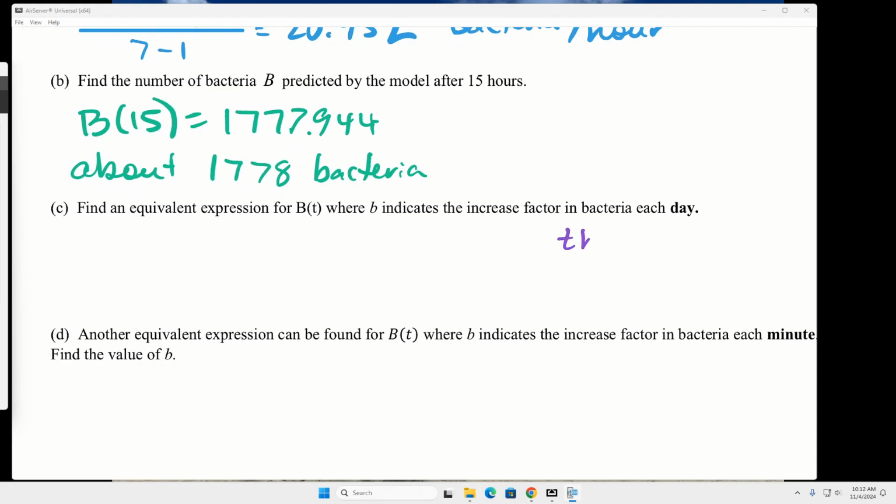So T hours translates to how many days? It's going to be a fraction of a day. 1/24th of a day. All right, so then it would be B of T. 17 doesn't change.